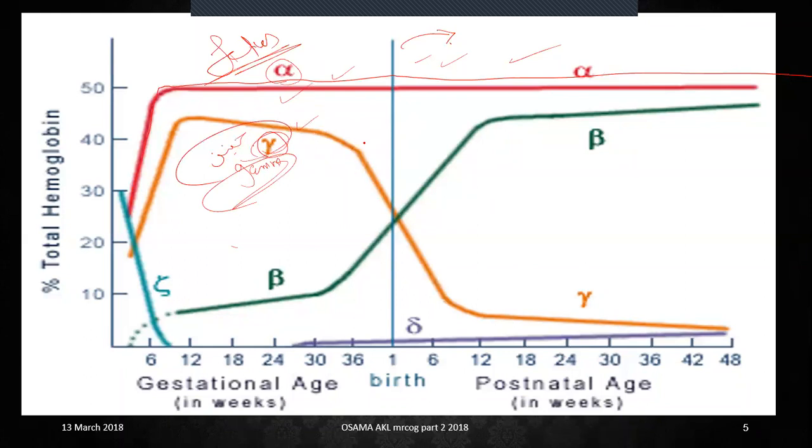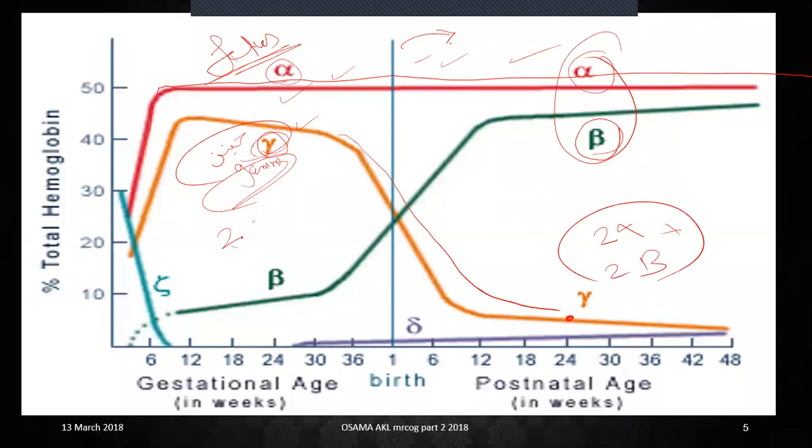After delivery, there is decrease in the level of gamma chain and it becomes replaced by beta chain, two beta chains and the two alpha chains. This is the adult hemoglobin. And as you see, gamma globin is decreasing with time. At about 2 years, you can say that there is very minimal gamma chain and most hemoglobin is 2 alpha and 2 beta, while in the fetus, 2 alpha plus 2 gamma.